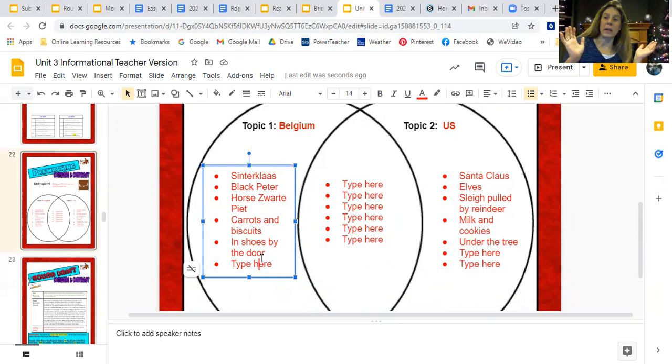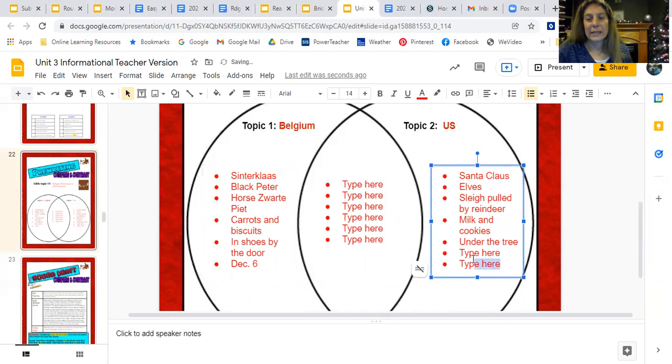So I thought about it in Belgium and I looked it up, and they get their gifts on December 6th. So that's just kind of right around the corner if you've got some Belgium heritage. But in the US, it is not until December 25th. So once I used my seesaw, I went back and forth planning. And I would think you could probably have about 4 things here, boys and girls.